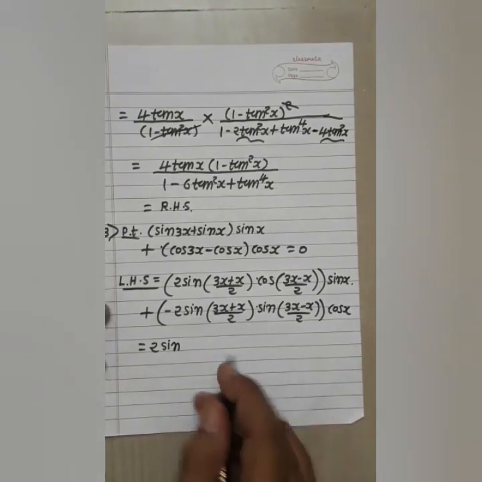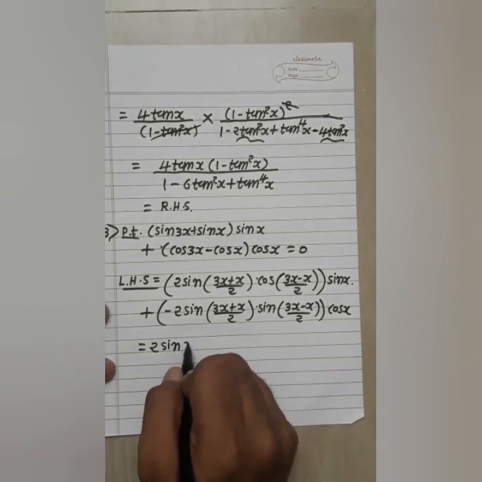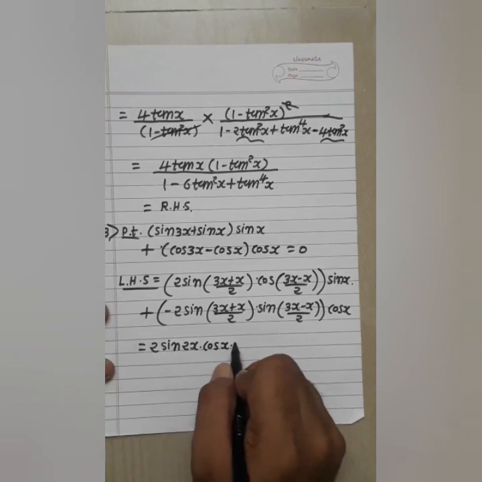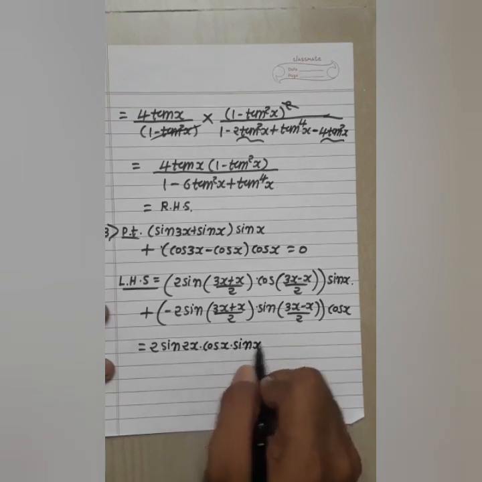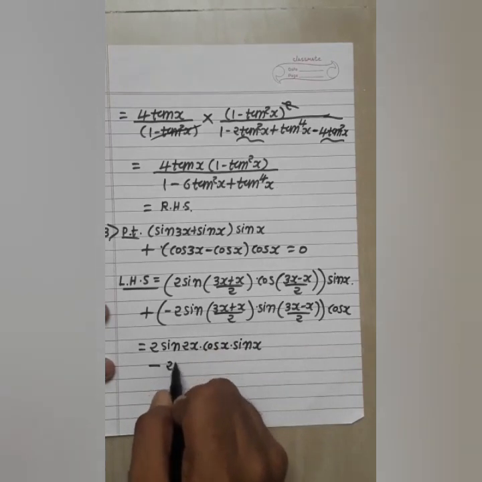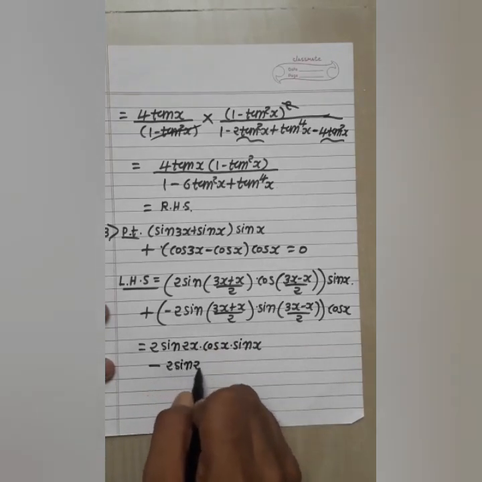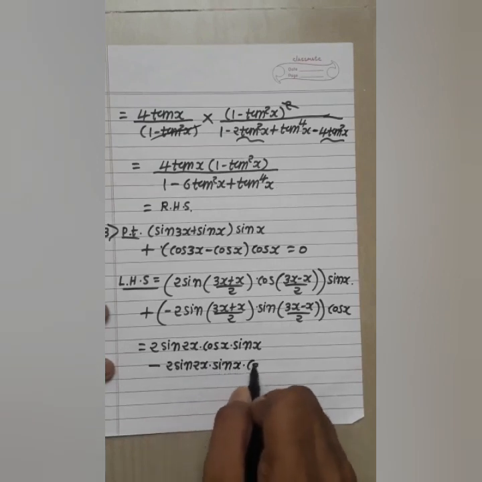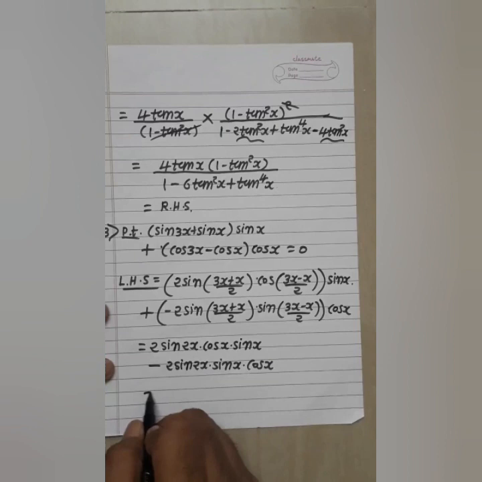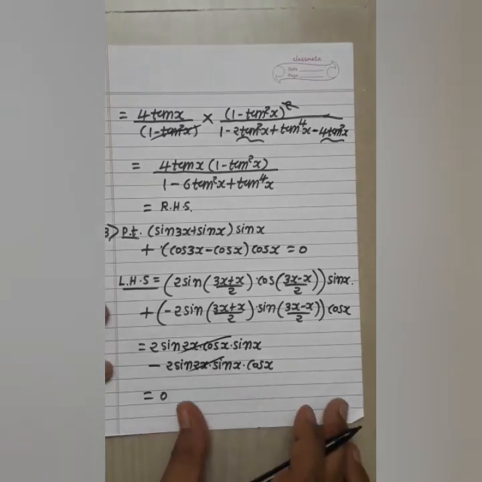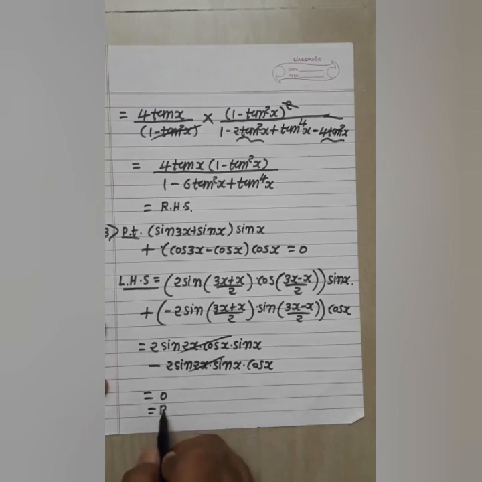So here we get 2 times sin 2x into cos x over sin x, minus, in the same way here, 2 times sin 2x into sin x over cos x. Now both these terms are the same, so cancel out these terms, and we get the answer 0, which is equal to the RHS side written here.